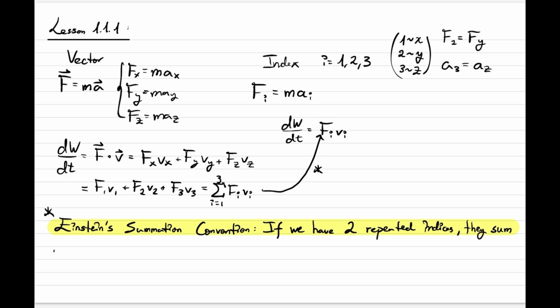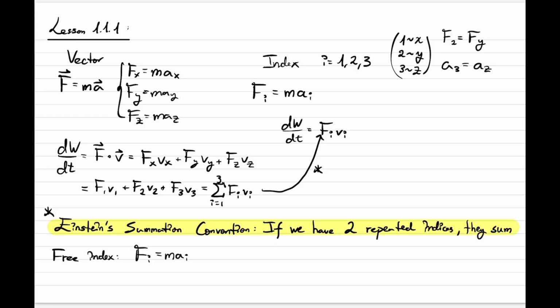For example, in this equation, if you give values 1, 2, 3 to the I index, you get 3 equations. So giving values to the index gives you more information. It spits out the equations.